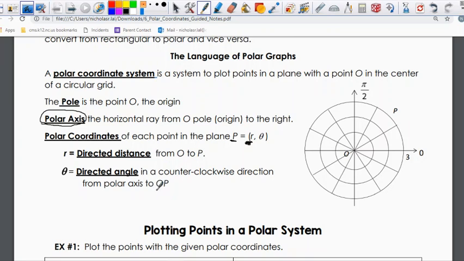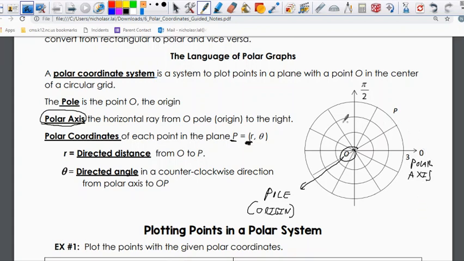So this is the pole. Right here, this is the origin. This is the pole, which is the origin. We have a polar axis right here. This is the polar axis. And let's plot a hypothetical point here.